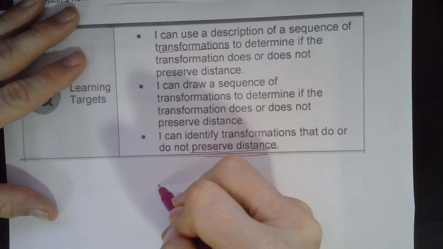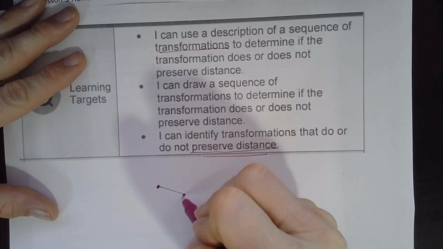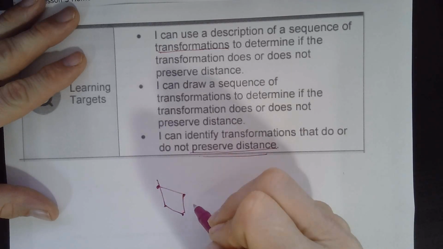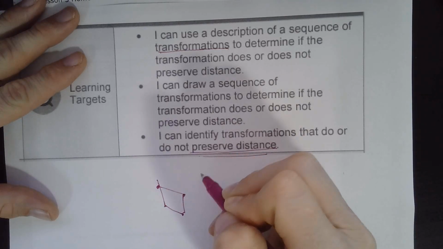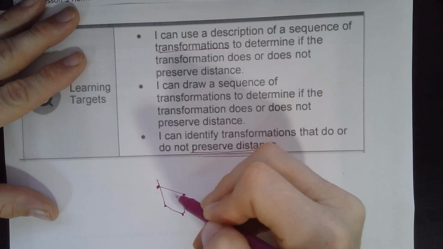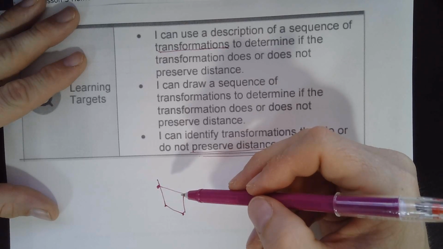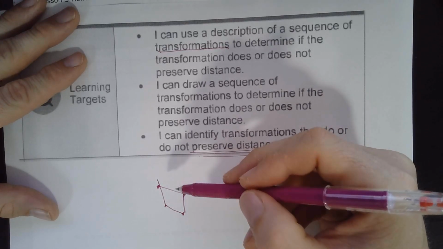So if I have an object like this, and then we dilate it, or this underwent a transformation, like it rotated, it dilated, it reflected, or it translated.